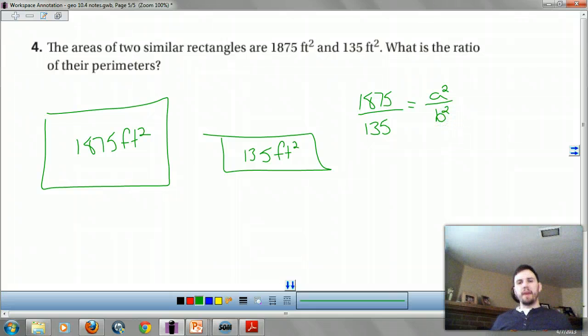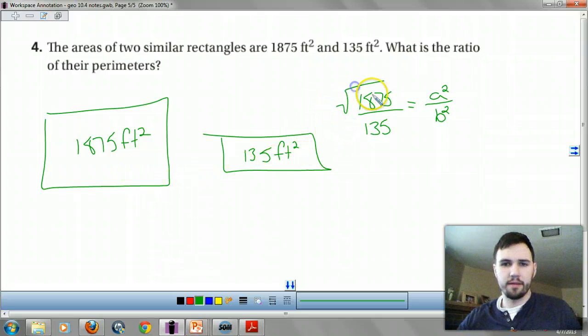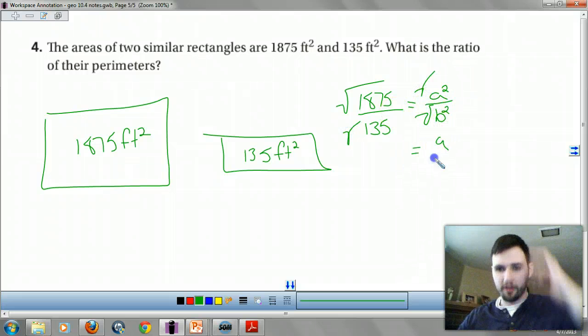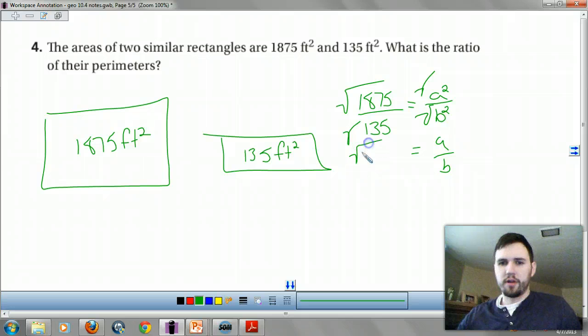So how do I get my a and my b? Well, I have to square root both numbers. You have to square root the top number, and you have to square root the bottom number. Okay? So let's do that. That'll give us our a over b. Square root of 1875 over square root of 135.